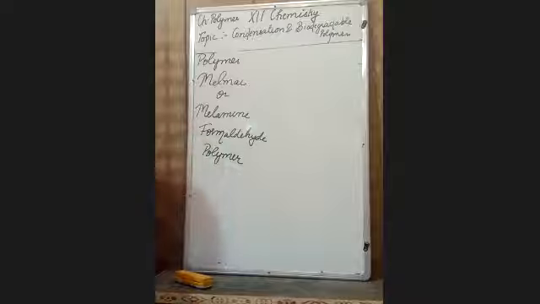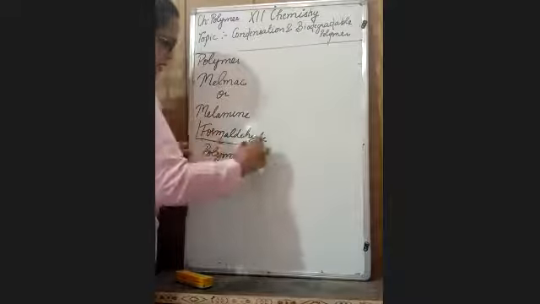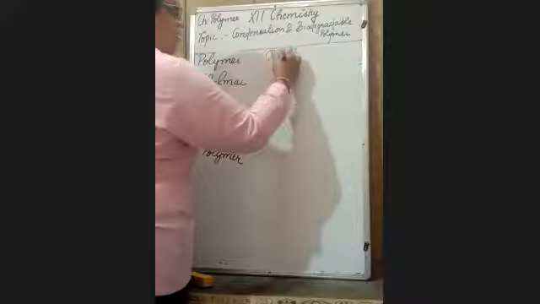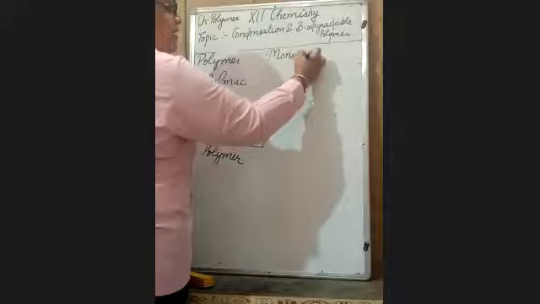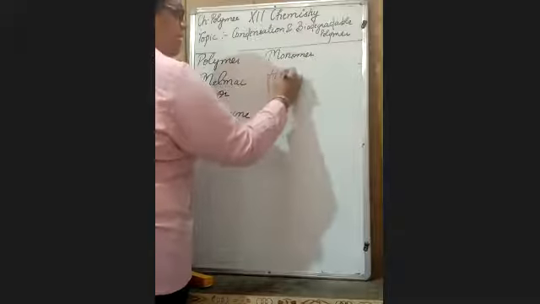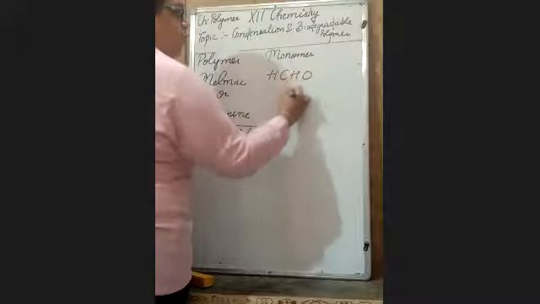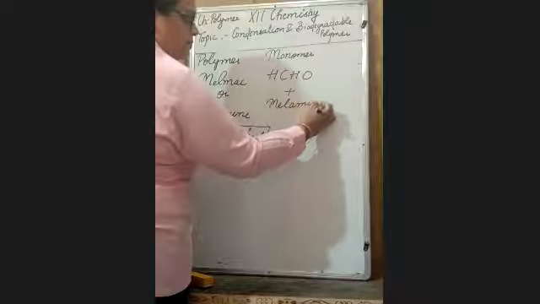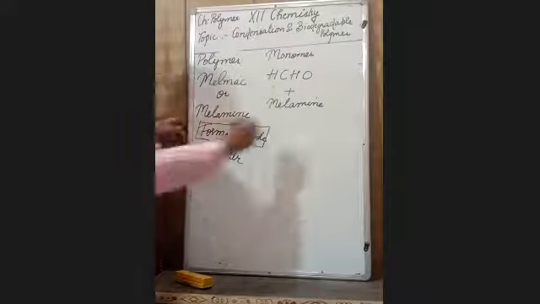Concentrate here. I will ask a question from you. Melamine formaldehyde polymer. Now, with this name, you will see out of these two, one monomer is definitely formaldehyde, like in the previous one, that is HCHO. And the second one is your melamine. Now, see the structure of melamine.